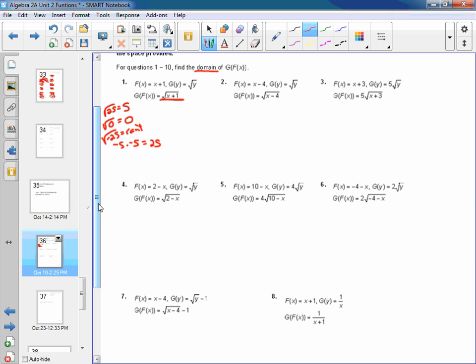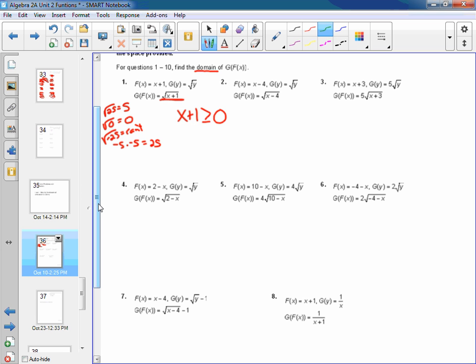So when we're talking about what values can be the domain for g of f of x here, what we're looking at is setting up an inequality. Now you can see why we did the warm-ups. X plus 1, that value underneath there, has to be greater than or equal to 0. It has to be positive. Okay?